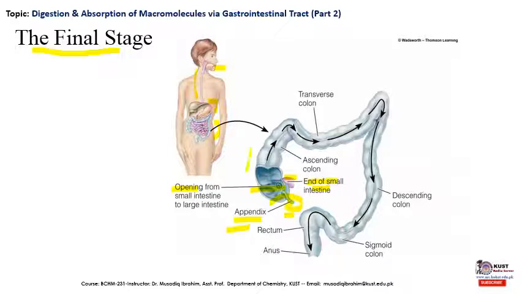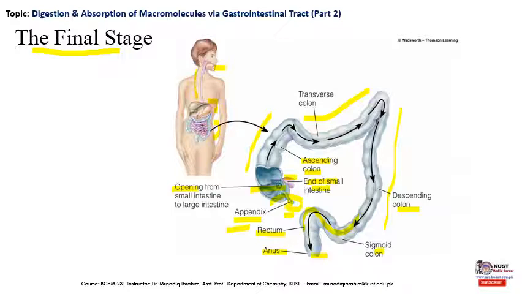One is the ascending colon, so this portion is ascending. Then you have a transverse colon portion, and then you have a descending colon portion. After the descending colon, you have a sigmoid colon like this, which reaches to the rectum as well as the anus.